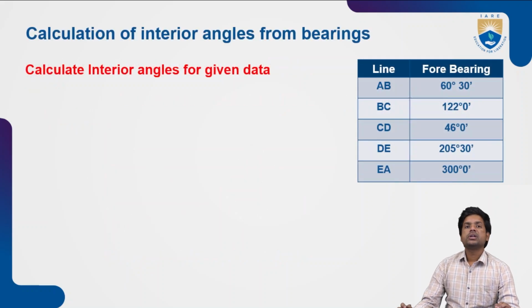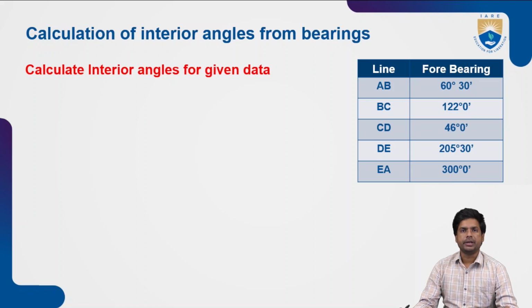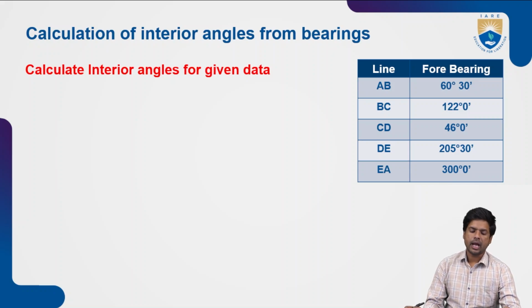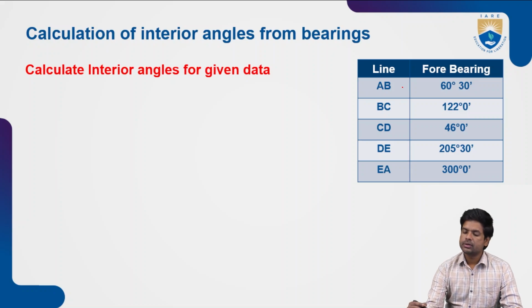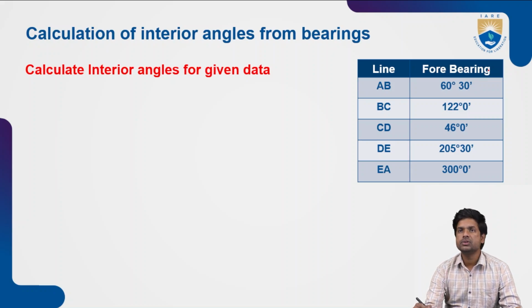Now, calculation of interior angles from bearings. When you have the data regarding the bearings, how do you calculate the interior angles? Here we have the data regarding the fore bearing values. Line AB has a fore bearing of 60 degrees 30 minutes.